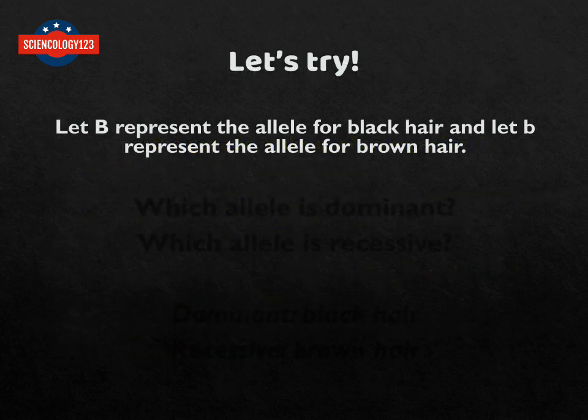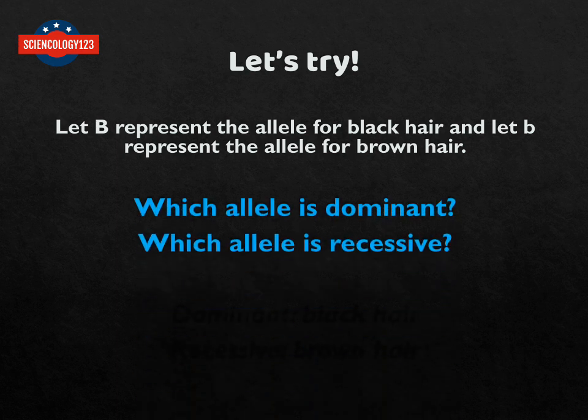Now, let us try this question. Let uppercase letter B represent the allele for black hair and let lowercase letter b represent the allele for brown hair. Now, which allele is dominant and which allele is recessive?